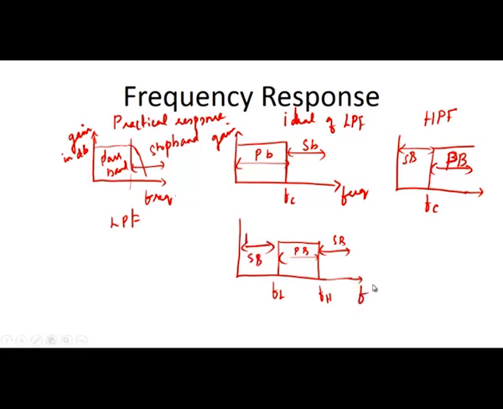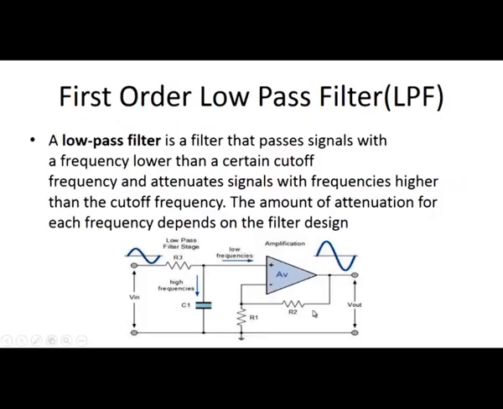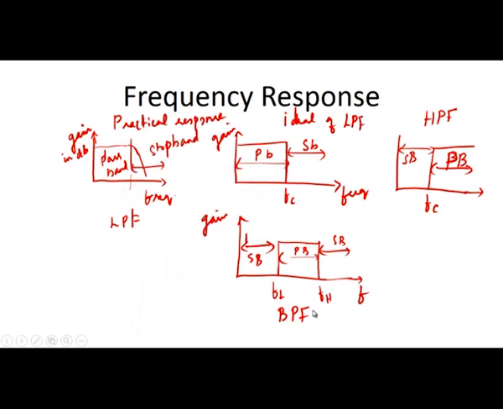Always take the frequency of the input signal on the x axis and the gain of the filter on the y axis, and this is the band pass filter. The reverse of this band pass filter is the band stop filter.